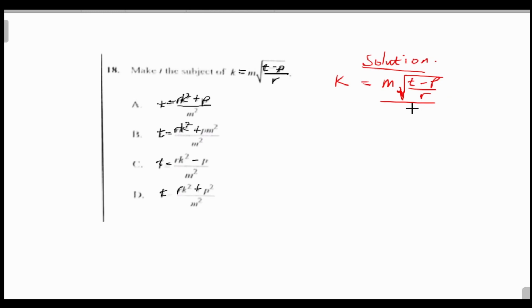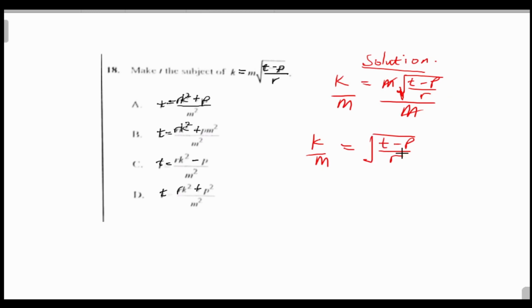So we divide by m, and whatever we do to one side, we do the same thing to the other side. Now this m cancels out. We now have k over m equal to square root of t minus p, all over r.